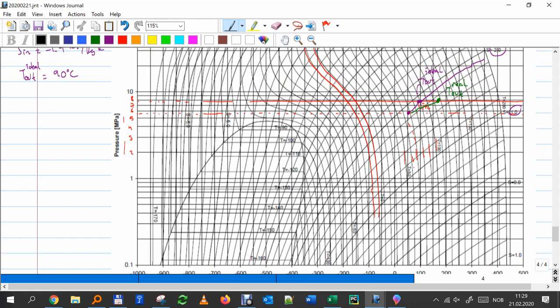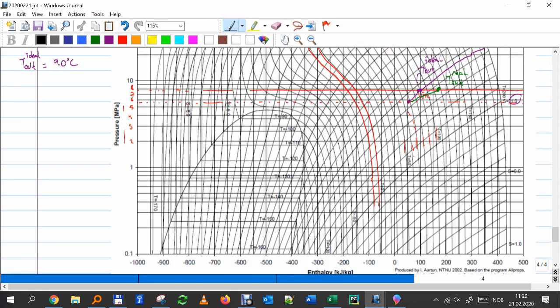What is the enthalpy of the inlet? I simply come down on this line, and that will be 50. Okay, 50 kilojoule per kilogram. Sorry, it's not per kilogram Kelvin, it's per kilogram. H at the outlet, how much is that?